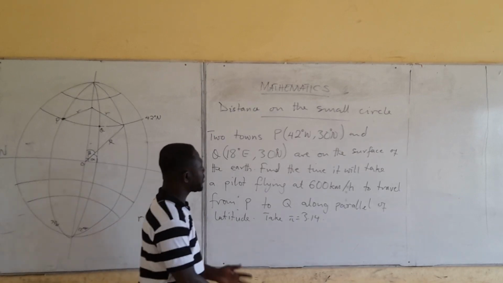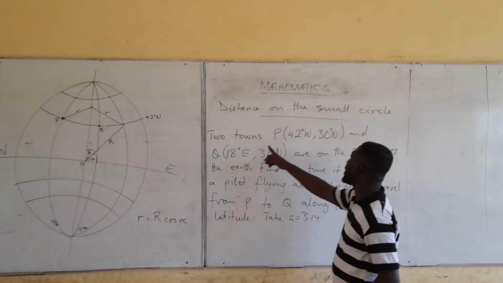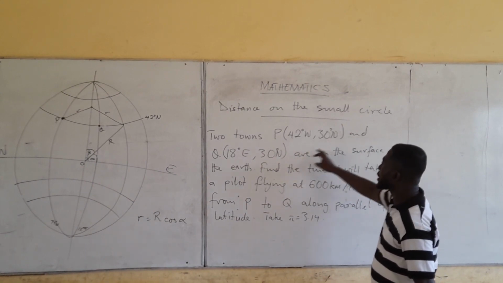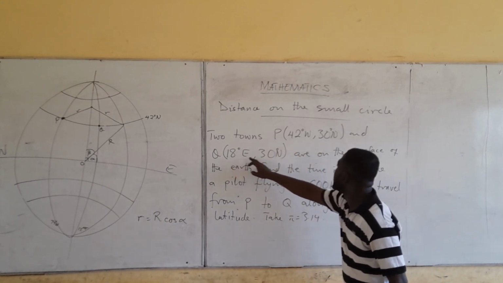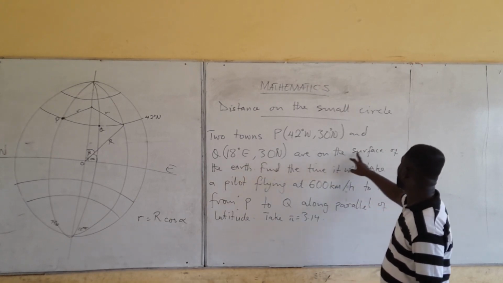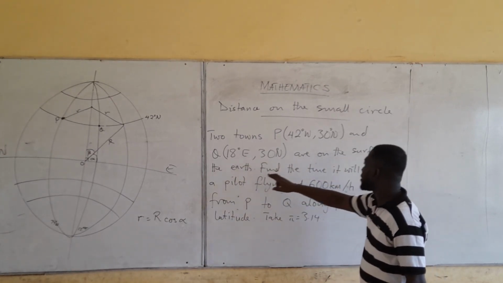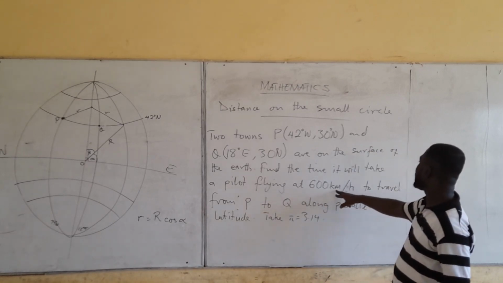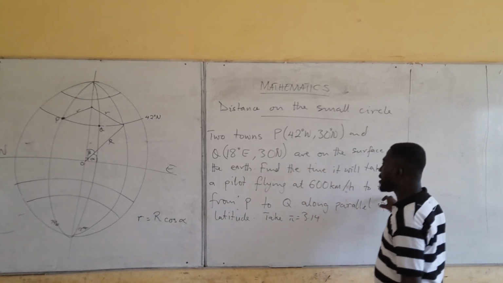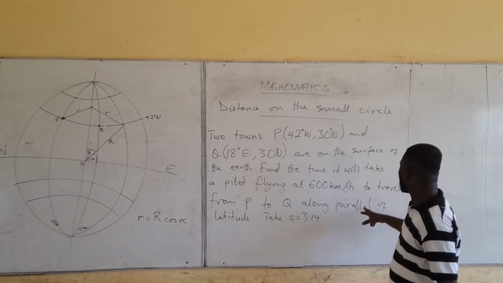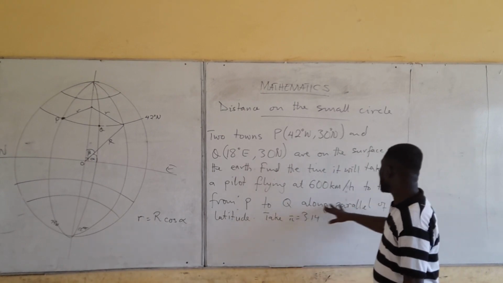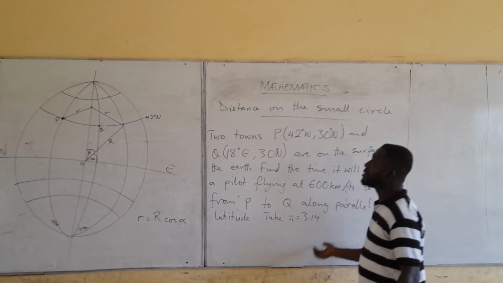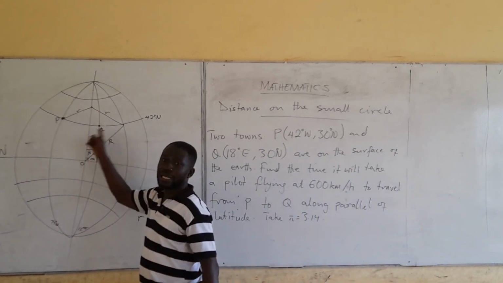Now let's look at another example. Two towns, P, 42 degrees west, 30 degrees north, and Q, 18 degrees east, 30 degrees north, are on the surface of the earth. Find the time it will take a pilot flying at 600 km per hour to travel from P to Q along parallel latitude. So this phrase, along parallel latitude, is just to tell you that it is along the latitude.